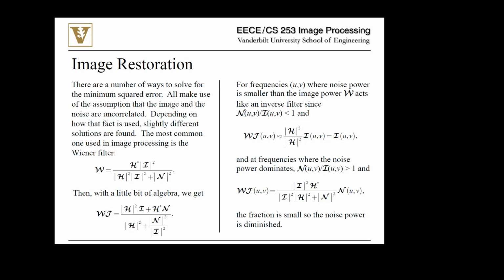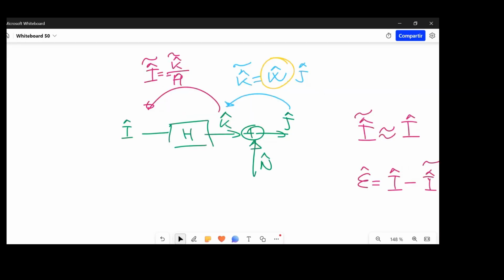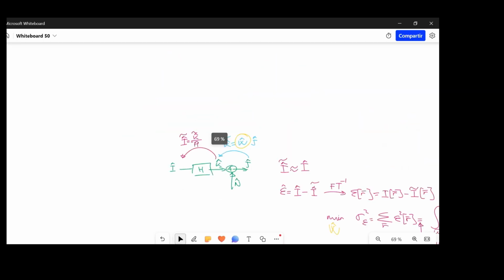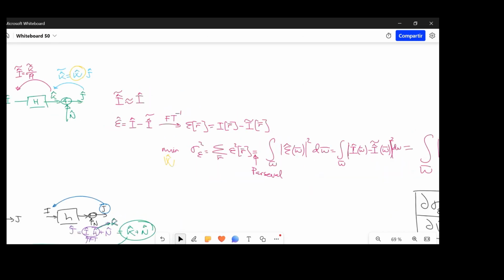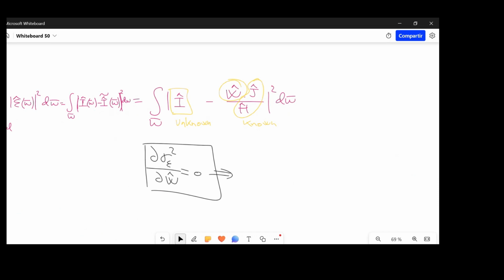Okay, so we were saying the solution of this is this one. It can be proved. Actually, it's not too difficult to do, but we will not do it here.